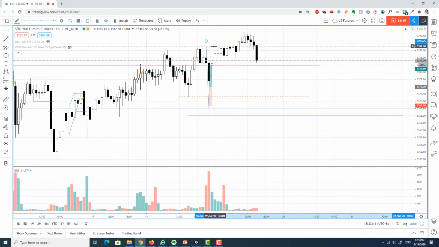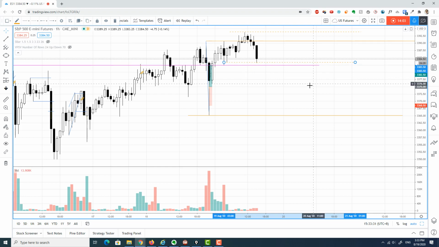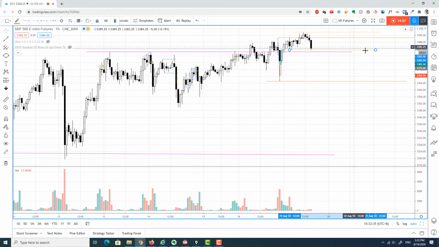And for the non-RTH high, definitely this is around 33.94. And for the non-RTH low, I think we are just right into the non-RTH low at the moment, so about 33.84. So this level is very close to the swing high level near 33.80.